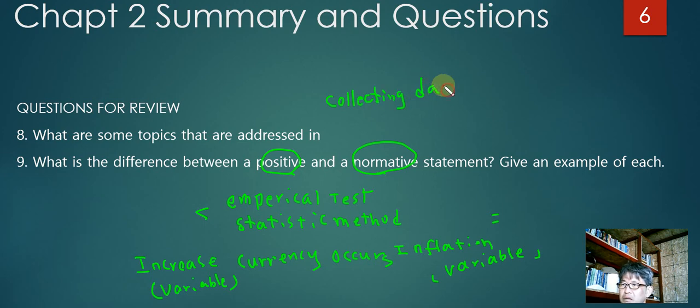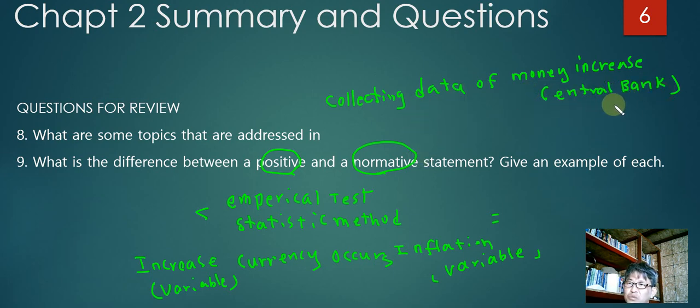Collecting data of money increase: money increase data can be easily obtained from the central bank, right? And then the inflation rate also comes from the central bank.